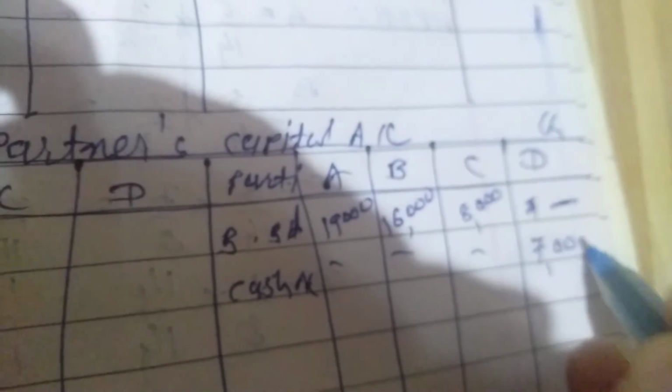Journal entry: cash account debit to partners' capital account. So here in capital account we write cash account. In the column of D we write the amount of capital, and it is 7,000. So cash account debit to capital account.